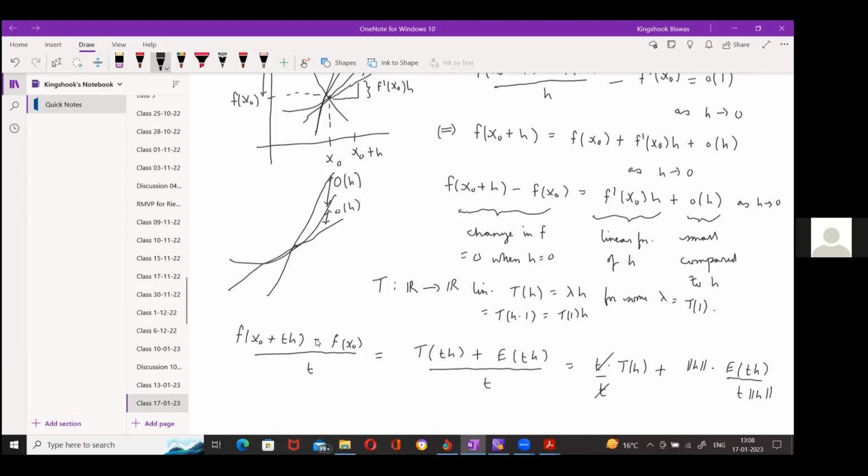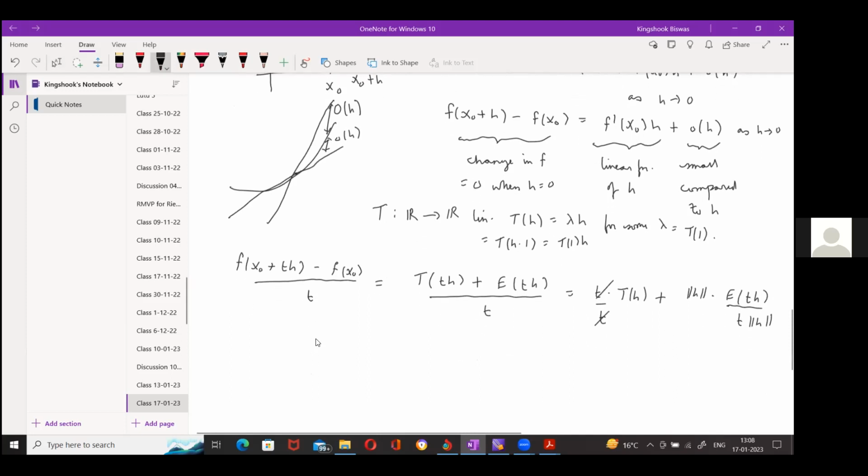And then notice as t tends to 0, the norm of this ratio tends to 0, right? Because I know that the norm of e of th divided by the norm of th, by hypothesis, goes to 0 as t tends to 0.